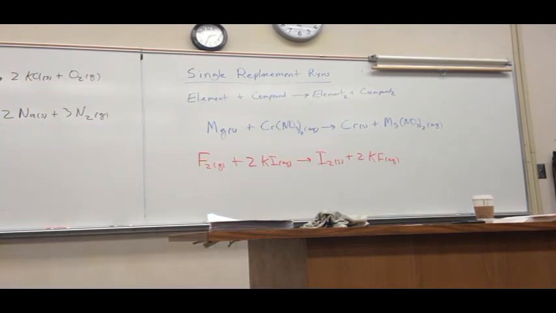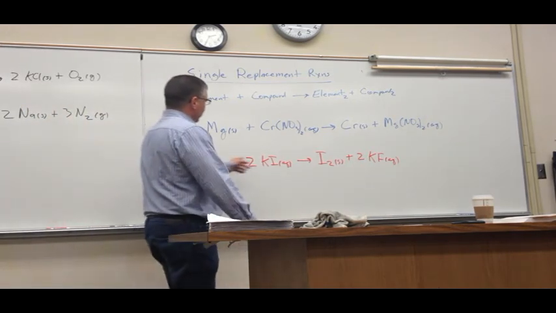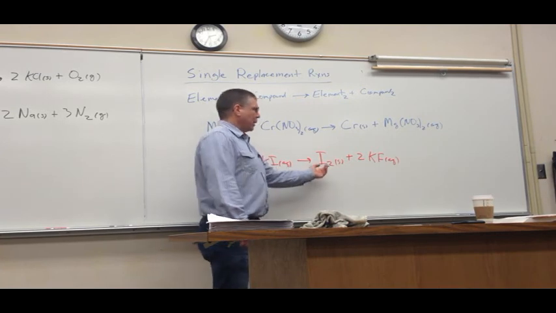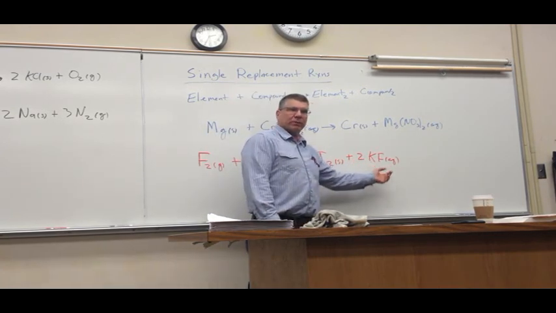Here the element is fluorine, the halogen. The compound is potassium iodide. And so what's happening is the halogen, fluorine, is replacing the similar type of element, the halogen, which is iodine. So fluorine is replacing the iodine. We get iodine now by itself, and potassium fluoride over here. You guys see what happened?